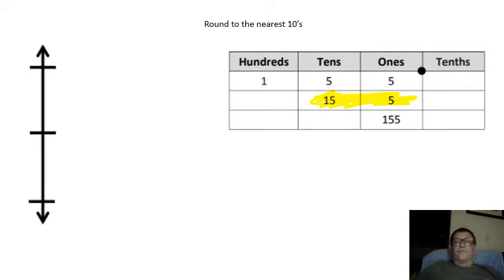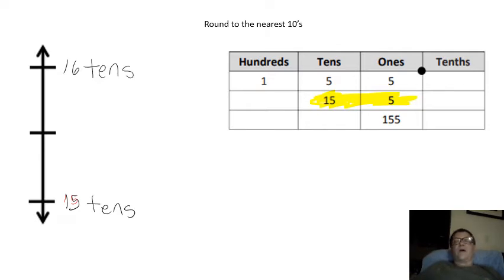So, I'm going to look at this, and it says I have 15 tens. So my 15 tens, I'm going to change color so we can see it better, but the 15 tens would go on bottom. Now the question when you're rounding to the nearest tens is it at 15 tens or one more, which would be 16 tens.